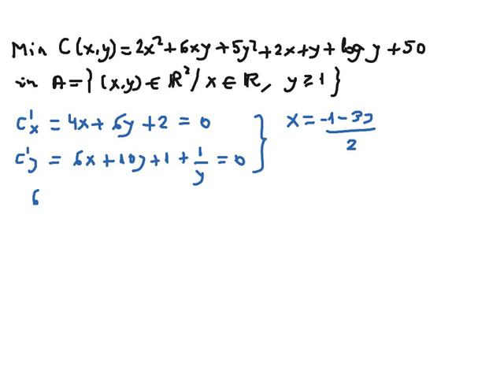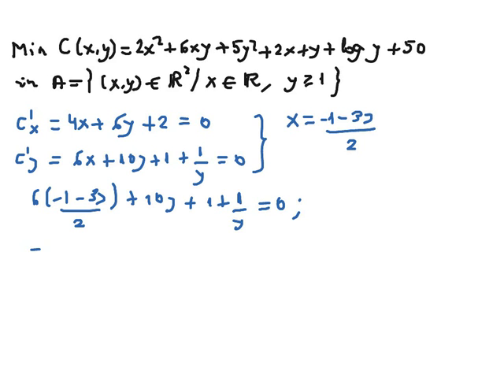So I have 6 times (minus 1 minus 3y) over 2 plus 10y plus 1 plus 1 over y equals 0.